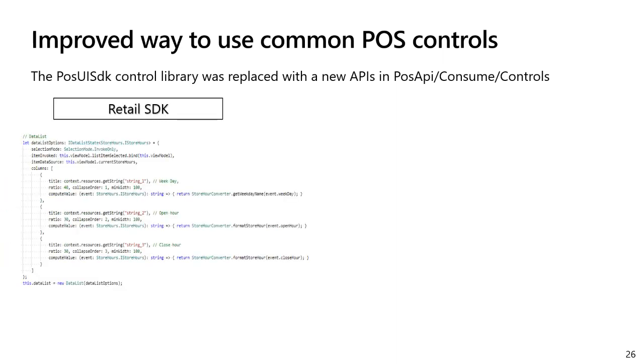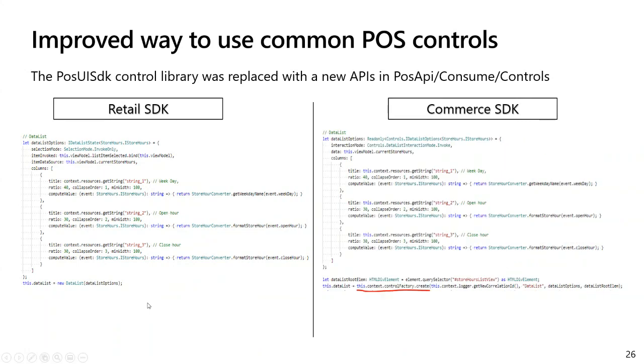On the left here, we can see code from our store hours sample using the POS UI SDK, the old approach, and how it would create a data list. And then on the right, we can see the code in the Commerce SDK.